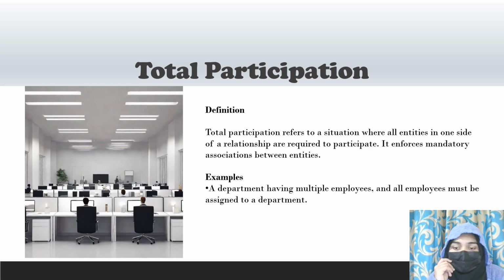So there are many different departments, and all the employees are assigned to some department. Every employee is assigned to a department, or any one single department, we could say.